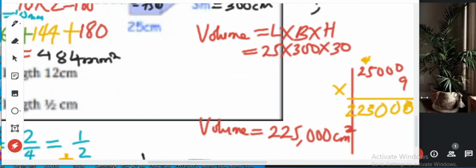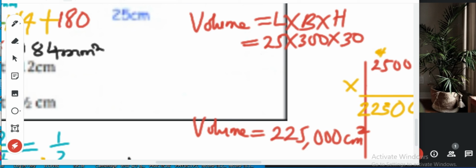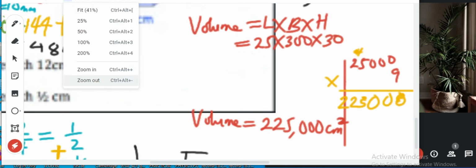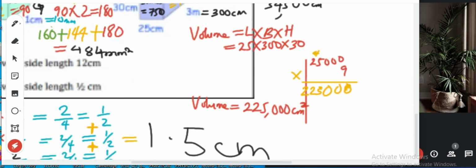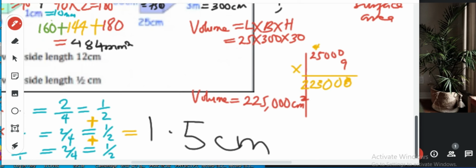So simply, let me zoom out to reveal more of it. Just as simple as that. If you are to find the total surface area, by the way, this answer is for total surface area, while this one is for volume. This volume should be raised to power 3, centimeter cube. This one is for volume.